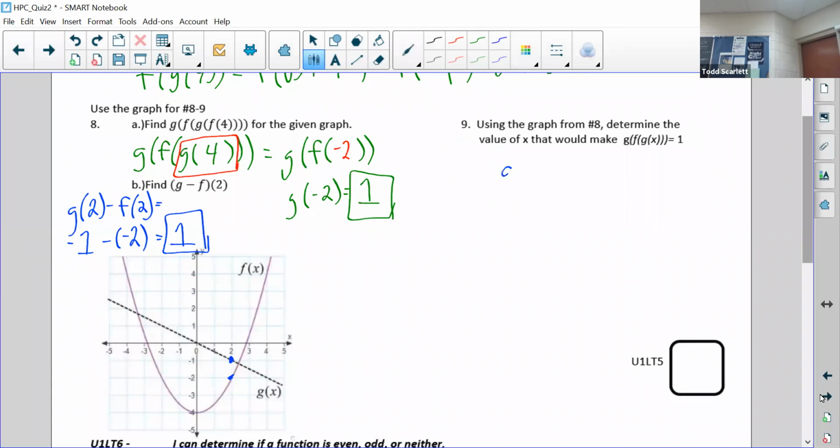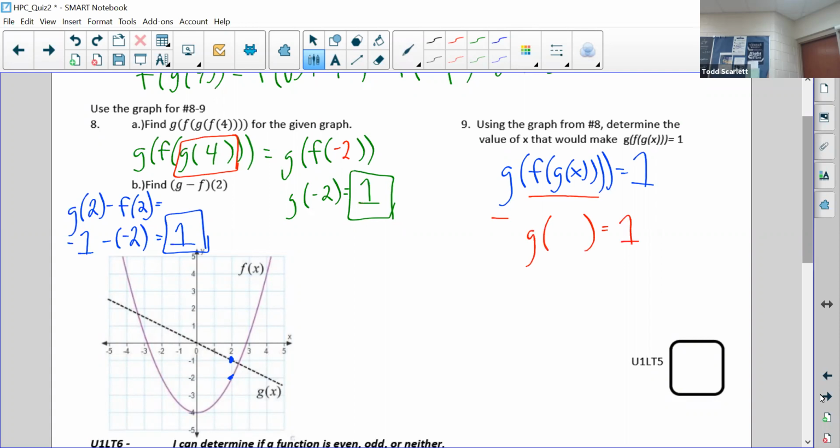All right, so this one, G of F of G of X equals 1. You see how this is basically saying G of something equals 1. So G of what equals 1?